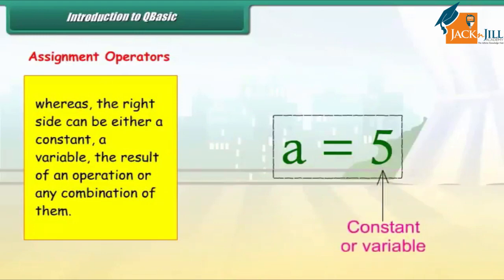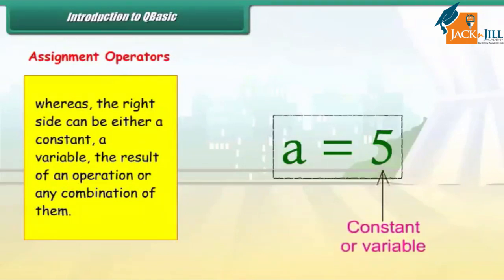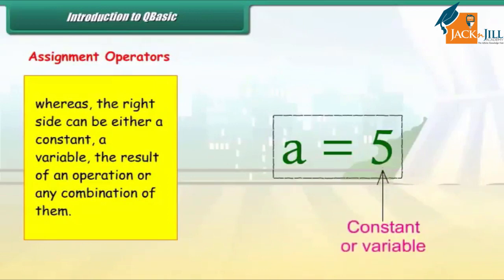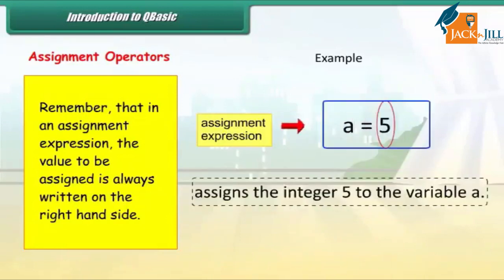Example: A = 5 assigns the integer 5 to the variable A. Remember that in an assignment expression, the value to be assigned is always written on the right-hand side.